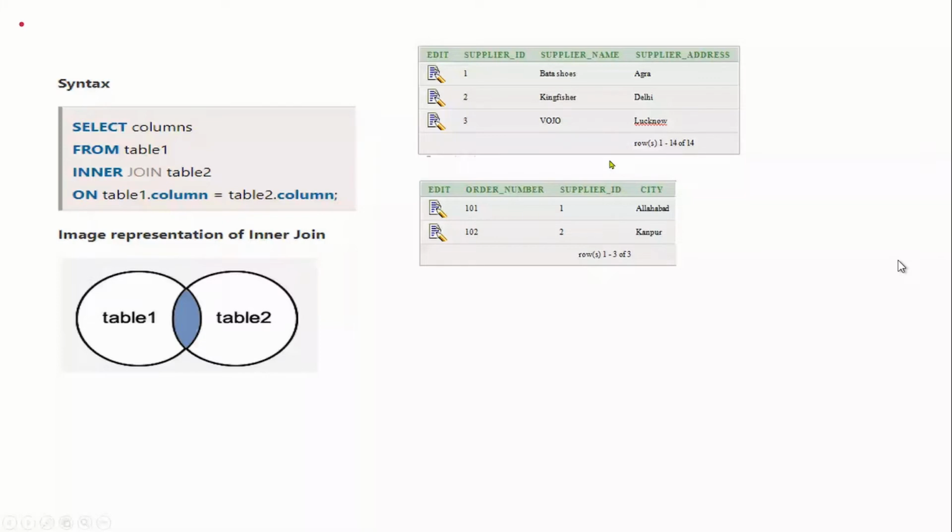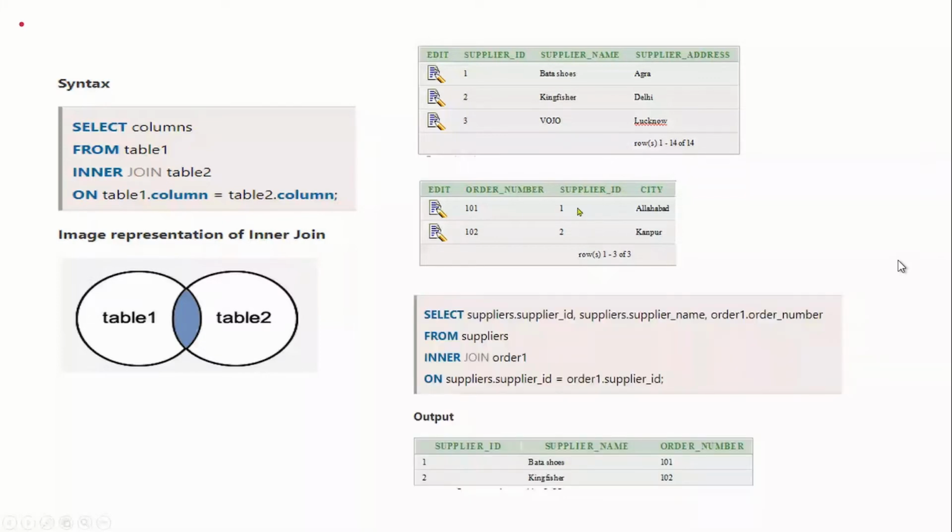So how can we apply the inner join here? When we apply the inner join, within the select statement, which columns are we going to consider? As we know there are two different tables, whenever we want to extract a column, we have to write the table name first: from which table we are extracting that column. Though the column name is the same, for example supplier ID is here and supplier ID is here also, from which table we obtain that supplier ID is important.